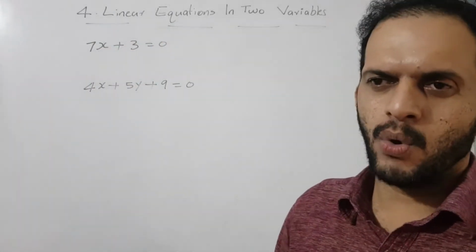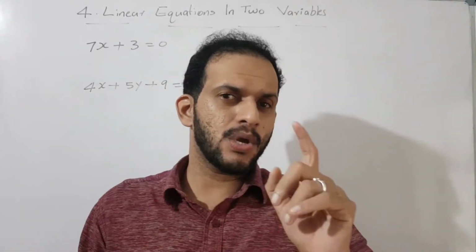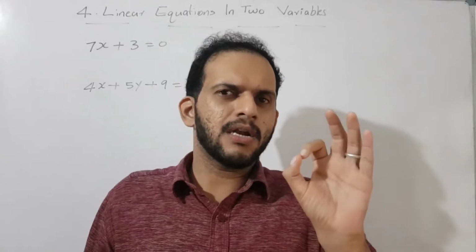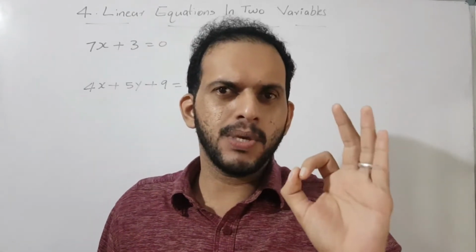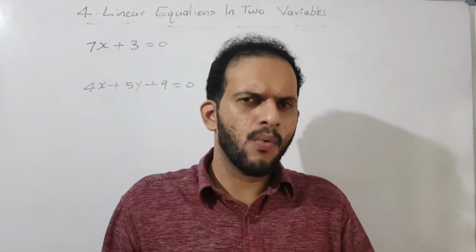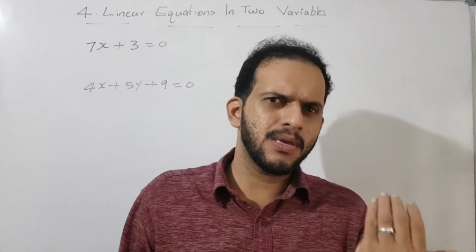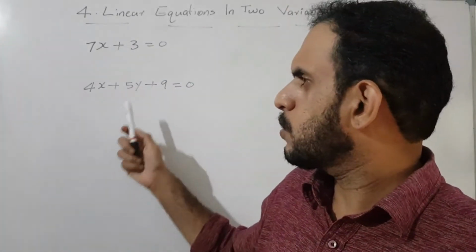Okay, so we know the general form of a linear equation in one variable. The general form of a linear equation in one variable is ax plus b is equal to 0. We already learned that. Then here is a linear equation in two variables.